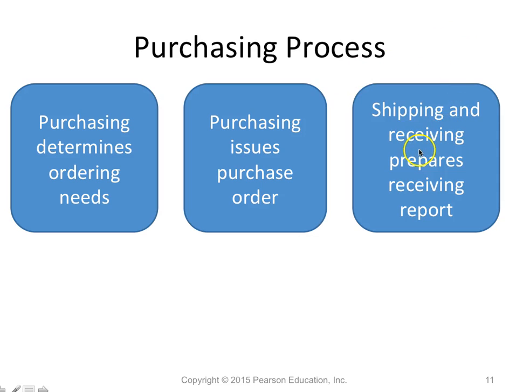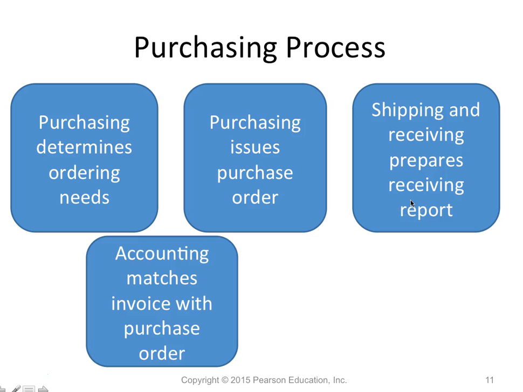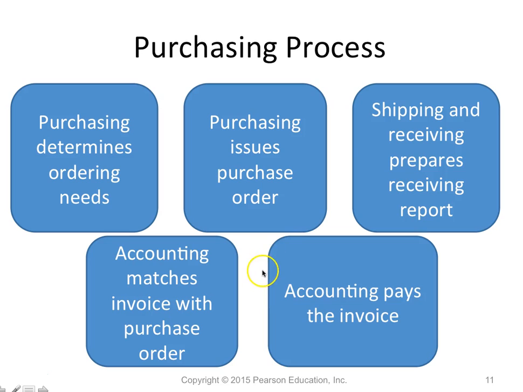Then shipping and receiving prepares a receiving report after they receive the shipment, and then the accounting department matches the invoice received from the vendor with the purchase order, and they have to match the number on the receiving report too. So 3 documents, they all have to match, and then the accounting department is going to pay the invoice. This is the purchasing process, and we should have learned this in financial accounting 2110.